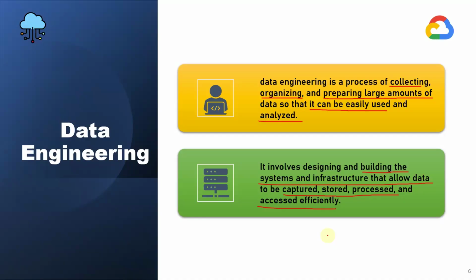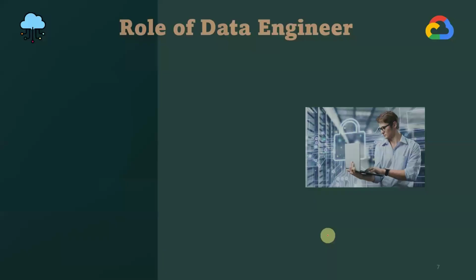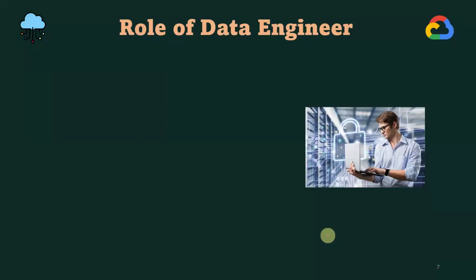All right. And one more thing, sir, what does a data engineer actually do on a daily basis? If you ask me, he will be working on each and every aspect which we have seen just now.